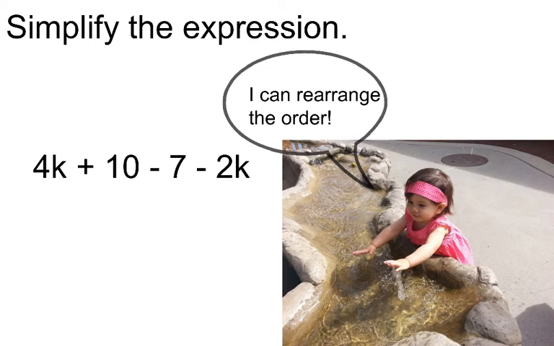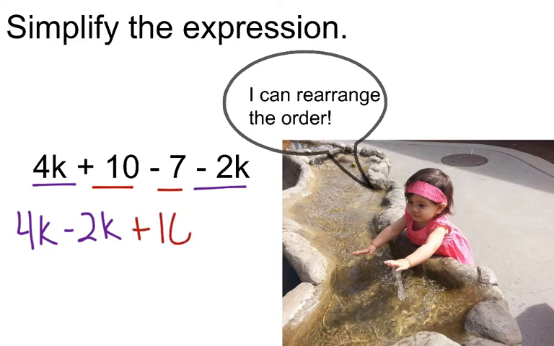Let's look at another example. Again, I have my like terms, and I have my constant terms. I'll keep these in order. So I have 4k minus 2k. Then I have plus 10 minus 7.